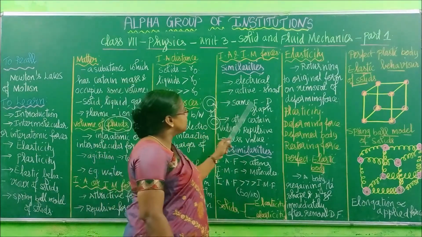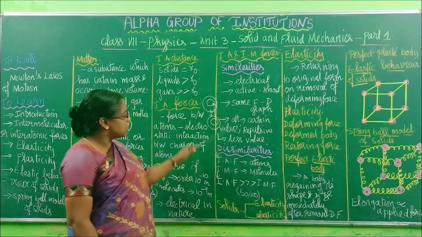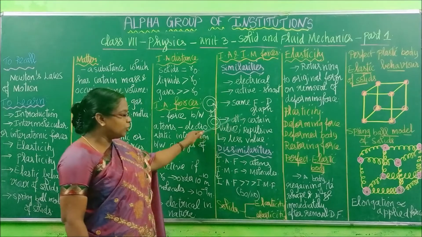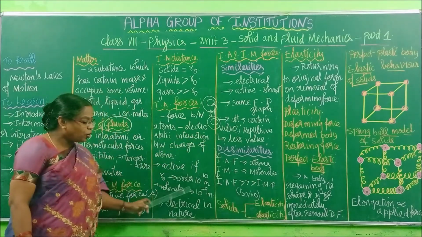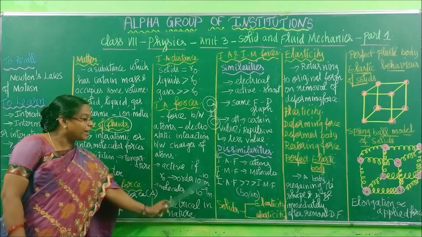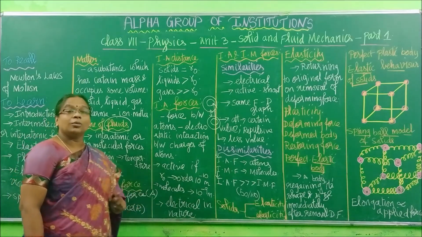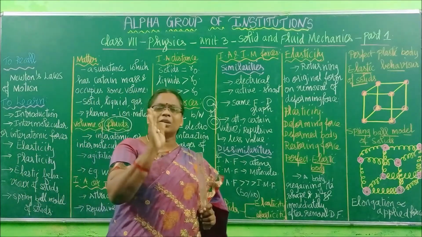This force-distance graph will be the same for both forces, and this is what I have told you now. Only when it is of the order of 10 power minus 10 for interatomic, or 10 power minus 9 for intermolecular, will they be good, appreciable, and stronger.